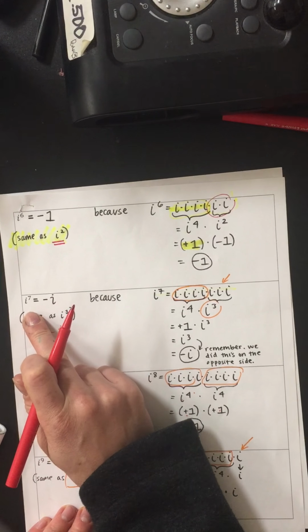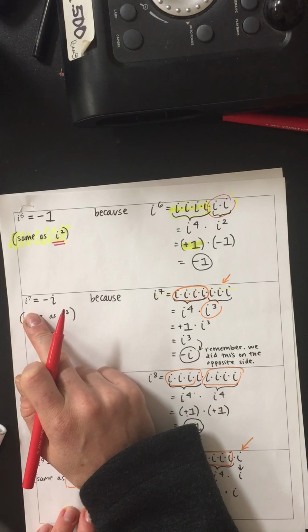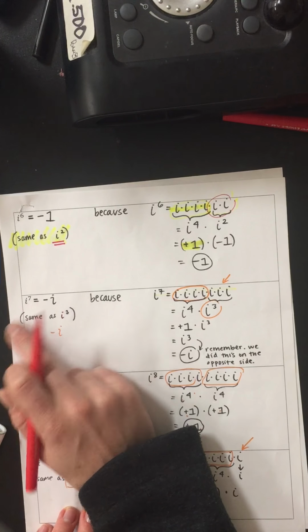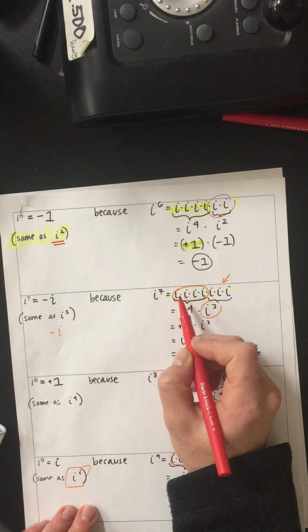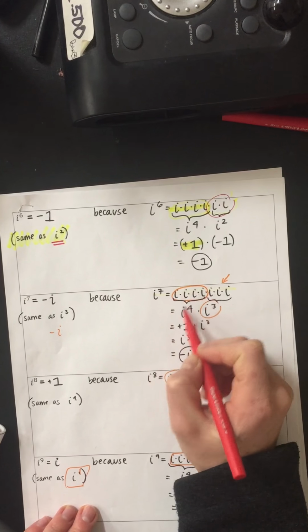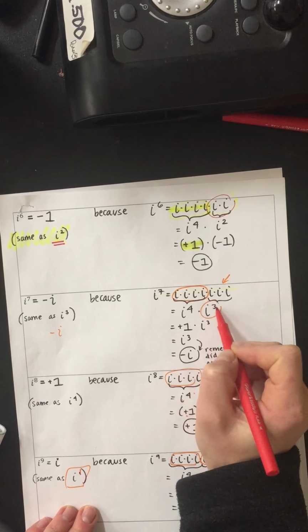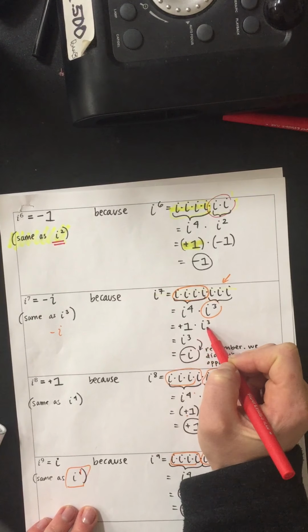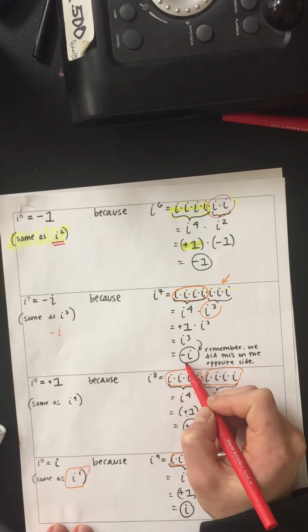I to the seventh, what I'm really thinking to myself is, what is the remainder, or how many are left over once I divide by 4? Because what I have here is 1, 2, 3, 4, 5, 6, 7 i's. The first four make number 1, times I have i to the third left over, and we already know from the previous page that i to the third is equal to -i.